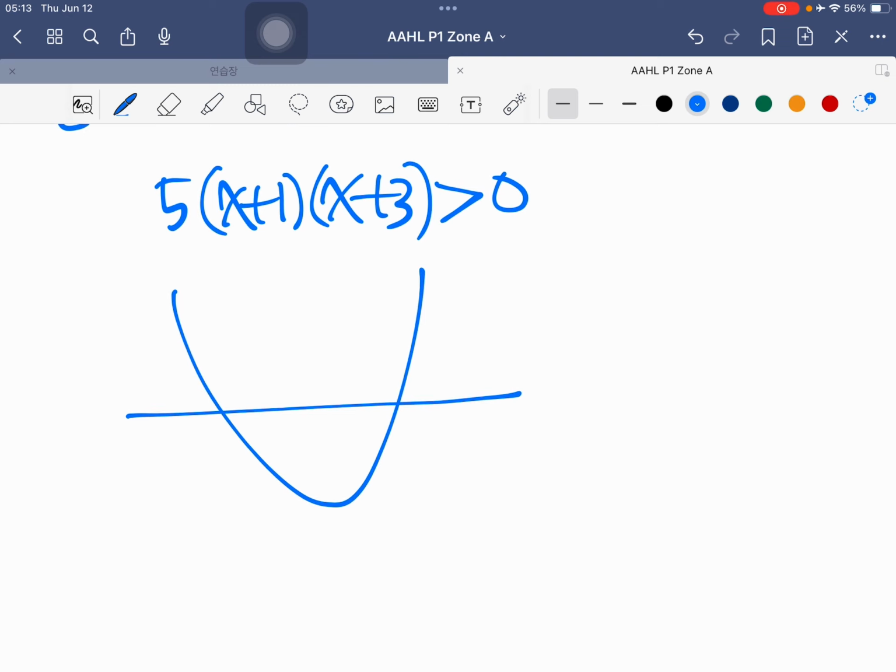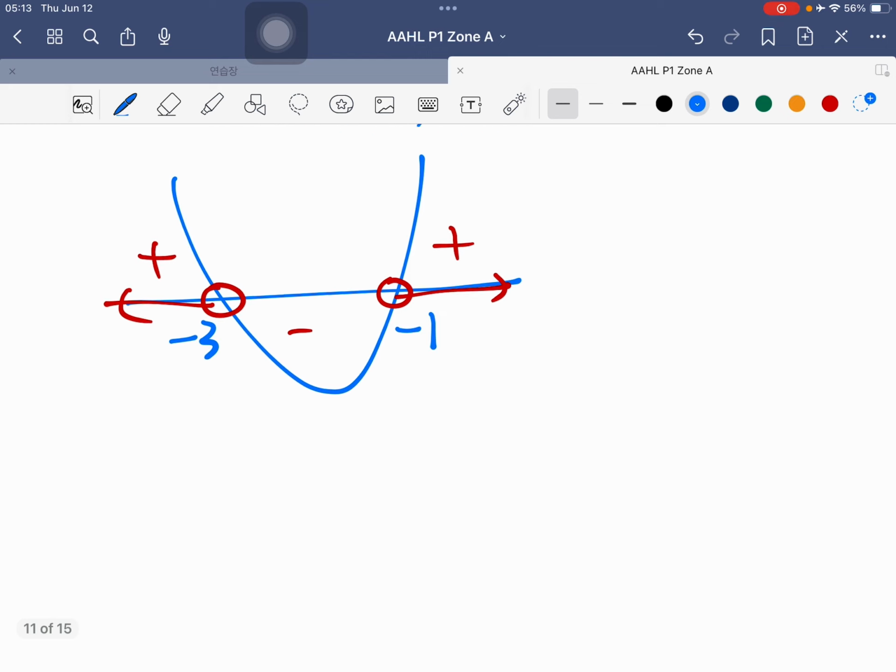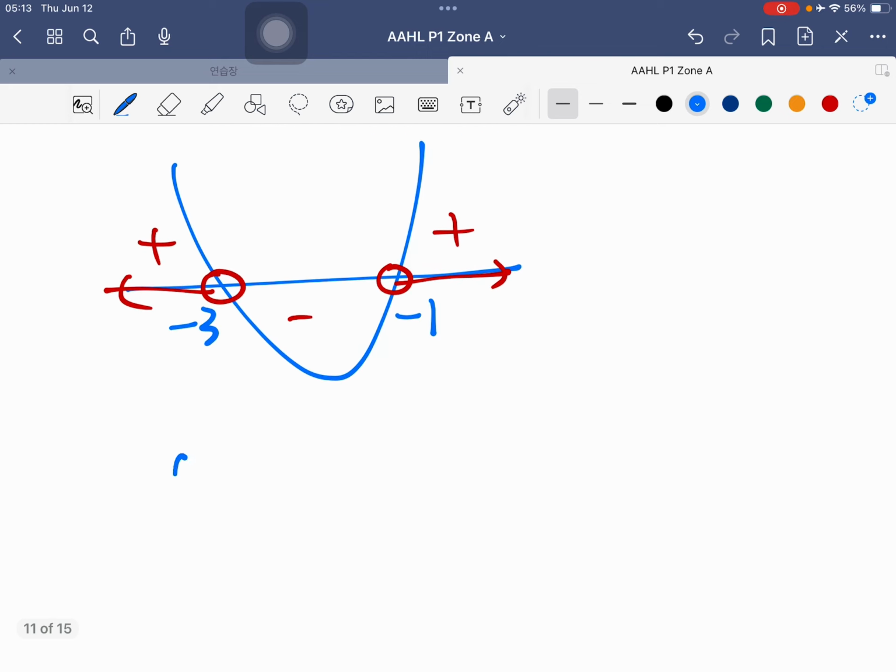The smaller root is negative 3, the bigger root is negative 1. Plus, minus, plus. Since we need greater than 0, the domain will be over here and there, with the ends at negative 3 and negative 1 not included. So the answer is x is less than negative 3 or x is greater than negative 1. This will be the answer.